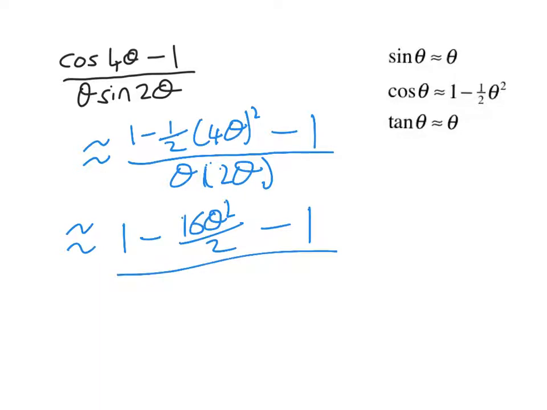Minus 1 over 2 theta squared. Well, we can tidy this up a bit. Those ones cancel out. The theta squareds cancel out. So I've got 16 over 2, which is 8, over 2, which is 4.